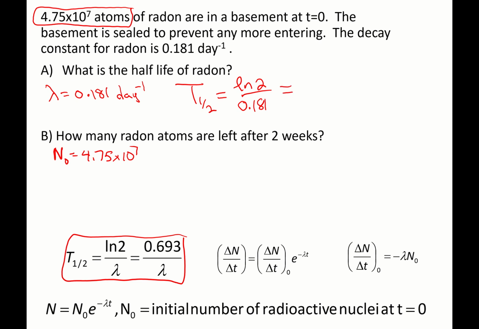When I put that in, I get that my half-life is 3.829 days. Okay, so just under 4 days to lose half of the number of radon atoms. So what I want to know is, after 2 weeks, how many do I have left? Well, 2 weeks is 14 days.